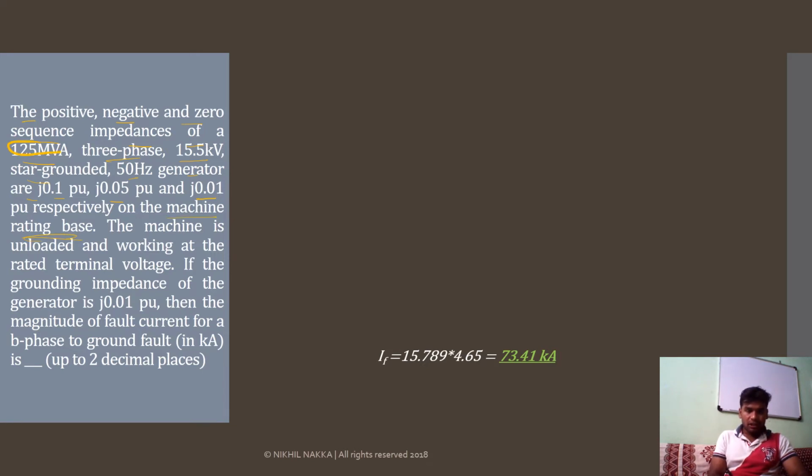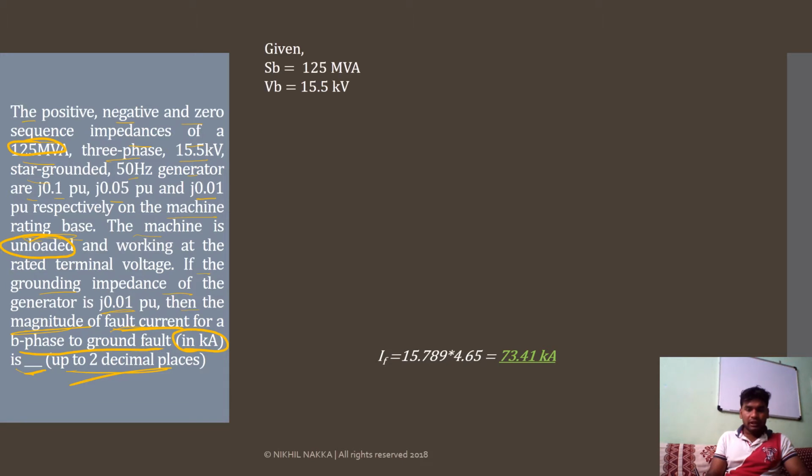On the machine rating base 125 MVA, the machine is unloaded and working at rated terminal voltage. If the grounding impedance of the generator is j0.01 per unit, then the magnitude of fault current is asked. Find the magnitude of fault current for a B phase to ground fault in kiloamperes, up to 2 decimal places rounded off.